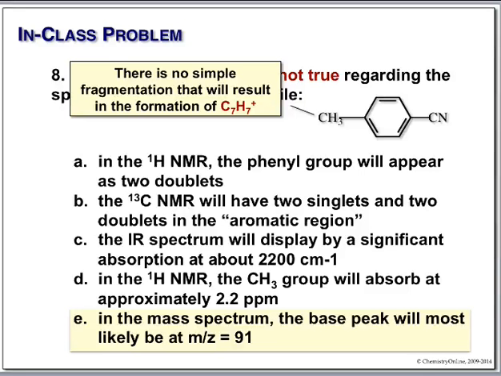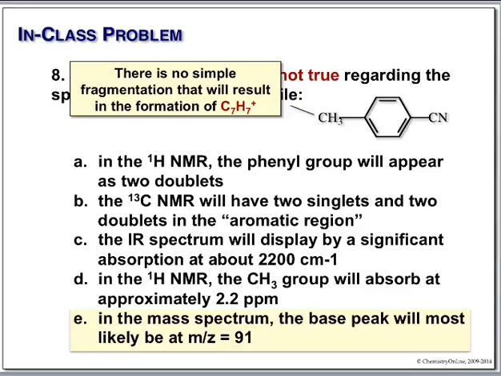B. All right, look at our C13 NMR in the aromatic region. We have two different singlets here, right? Yeah. Because they have no hydrogens, they will both be singlets and they will be different. These two carbons are identical.